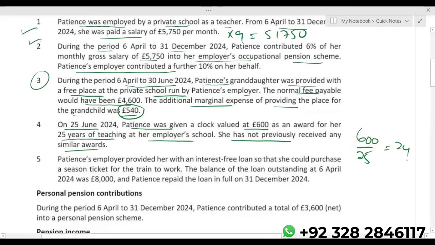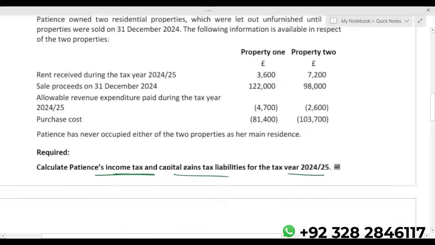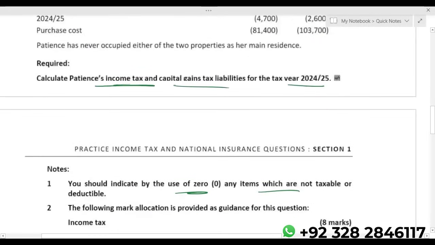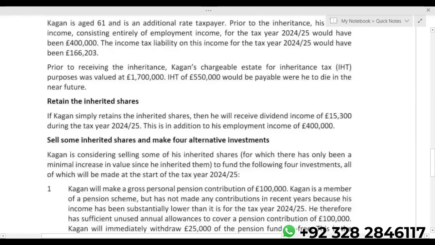Is this clear to everyone? So long service award, 20 years or more, having value less than 50, then it's an exempt benefit.